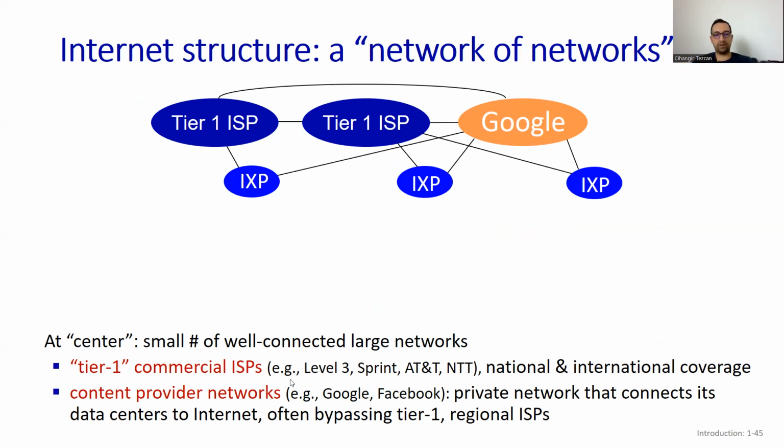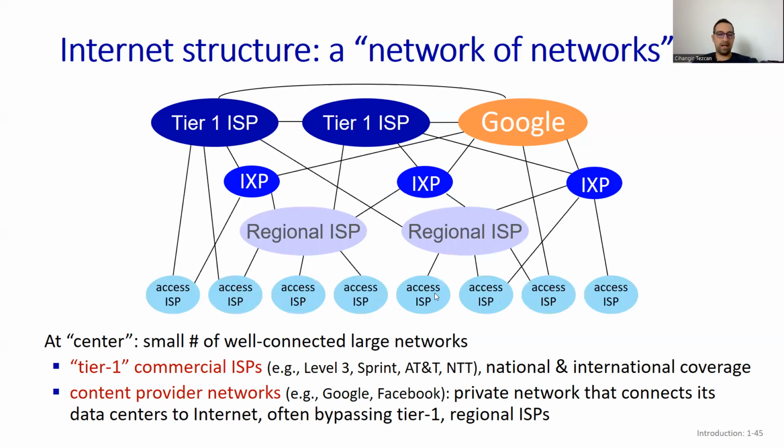Tier 1 commercial ISPs, for example Level 3, Sprint, AT&T, NTT, provide national and international coverage. Content provider networks like Google and Facebook have private networks that connect their data centers to the internet, often bypassing tier 1 or regional ISPs.